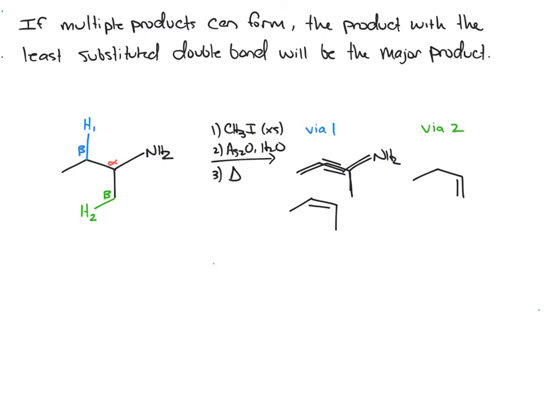So now what you can look at is the double bond substitution. Beta hydrogen 1 gives you di-substituted alkenes. Beta hydrogen 2 gives you a mono-substituted alkene. So that's a preferred pathway, and this is the major product.